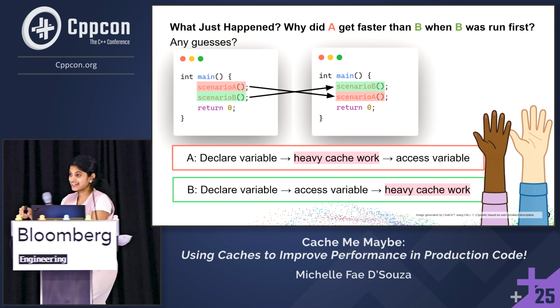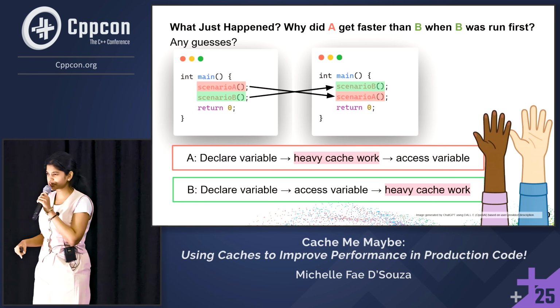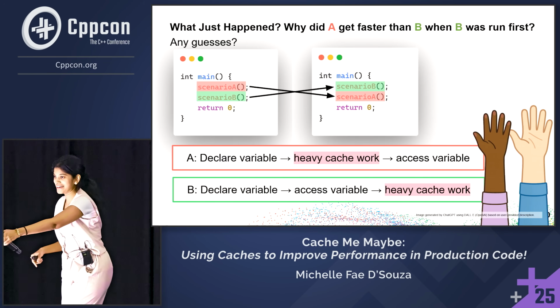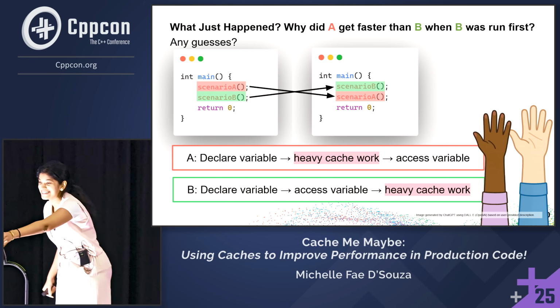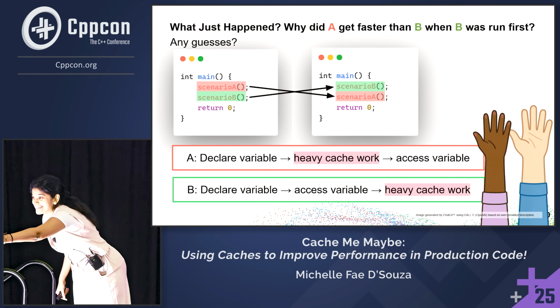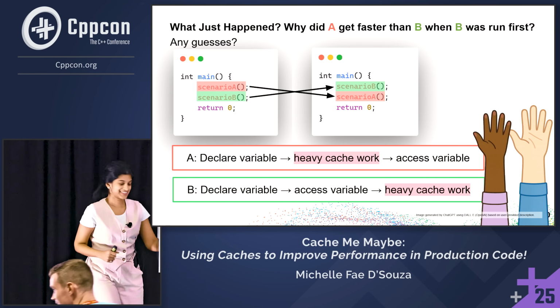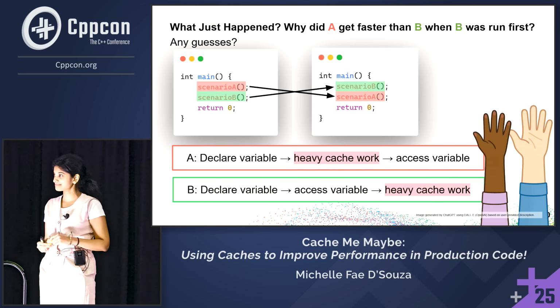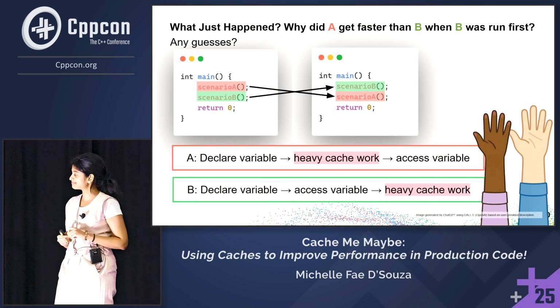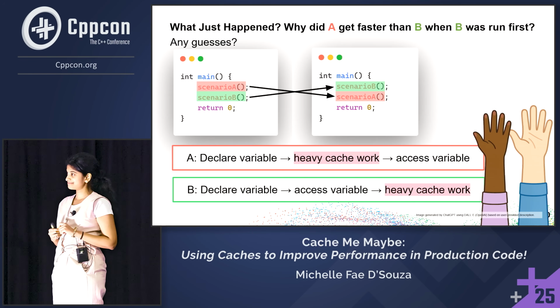Hand, yes? Cache pollution, could you say more? In the first case, when you run scenario A first, scenario A pollutes the cache, and then when scenario B gets to run, the cache is already polluted.